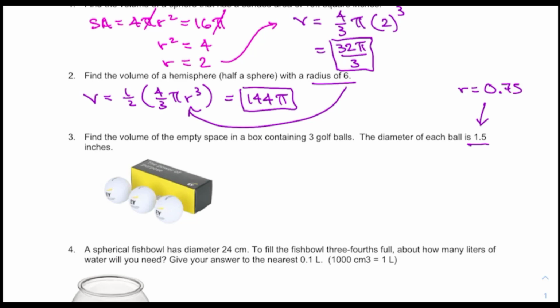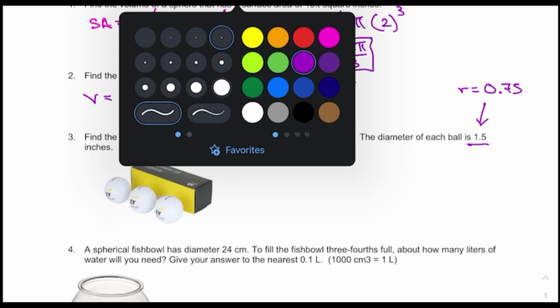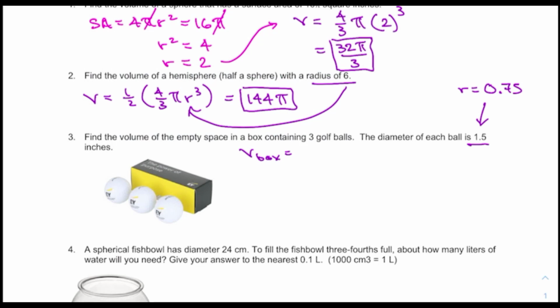And so I'll start with the volume of the box, and I can see hopefully that the length of the box I can find by taking all these diameters going all the way across all 3 of these golf balls. And so it'll be a length of 1.5 times 3.